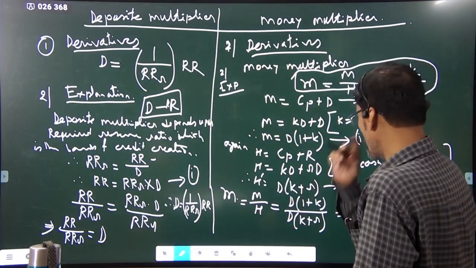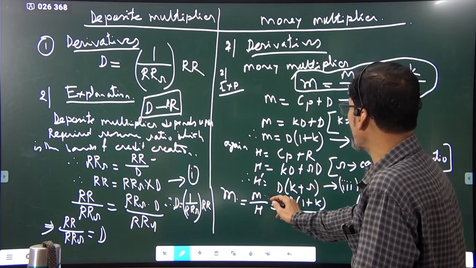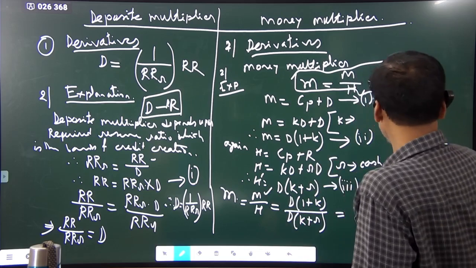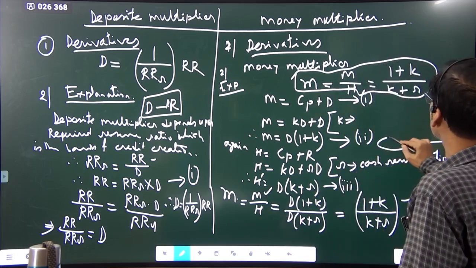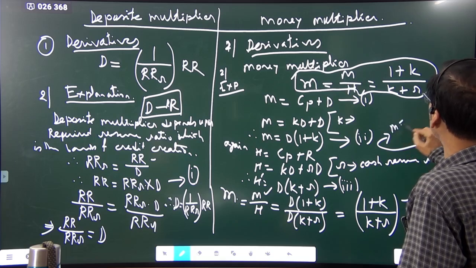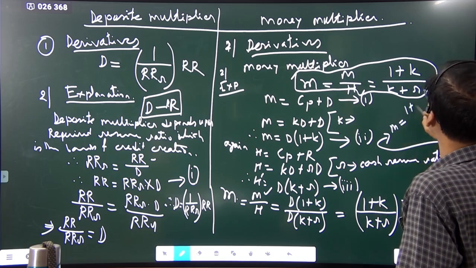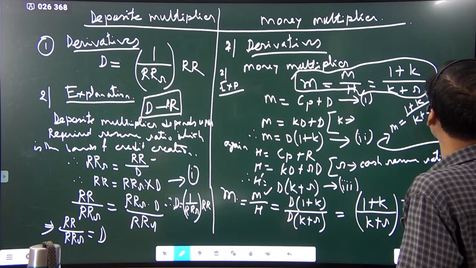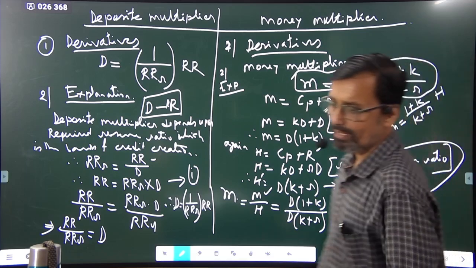Now we can find the supply of money, that is M. So what will M be now? M will be (1 plus K) divided by (K plus R) into H, that is high power money.